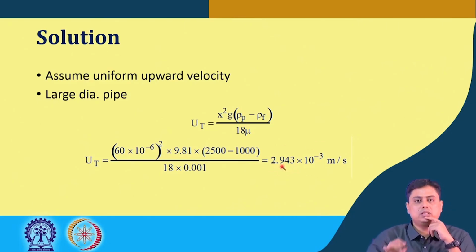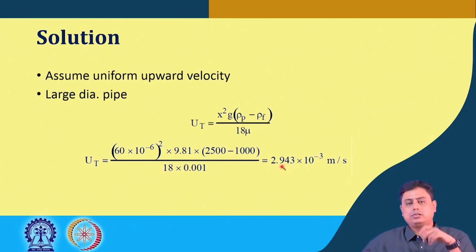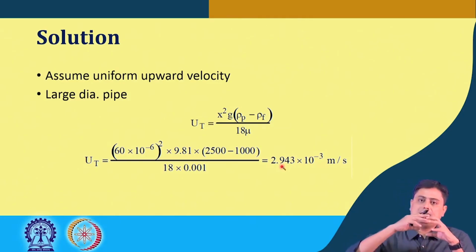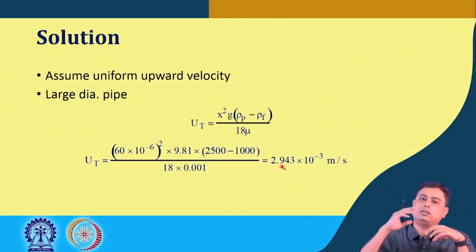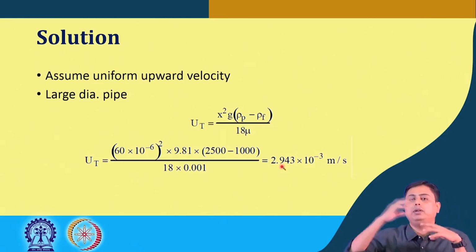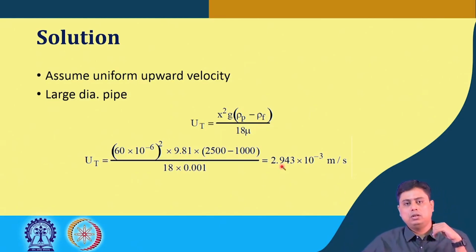Which means this would be your water stream velocity, so that the 60 micron particles are held, and particles higher than 60 micron will eventually come down because they will have a terminal velocity higher than the water stream velocity and will not be carried out from this pipe.